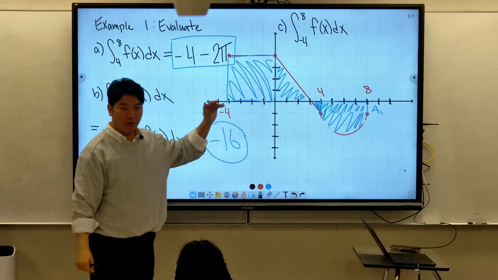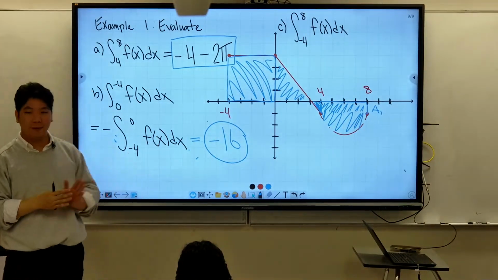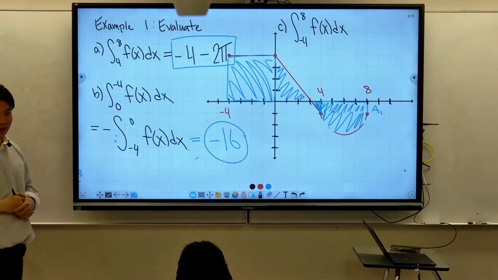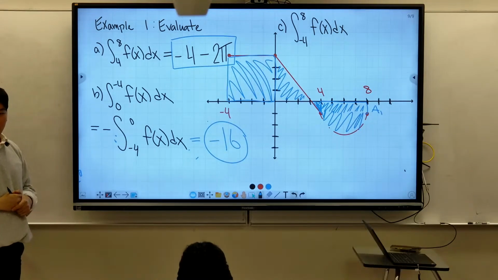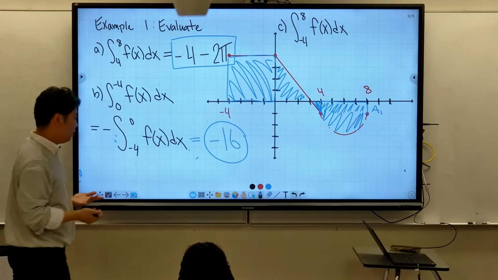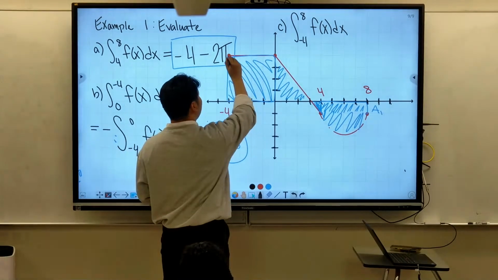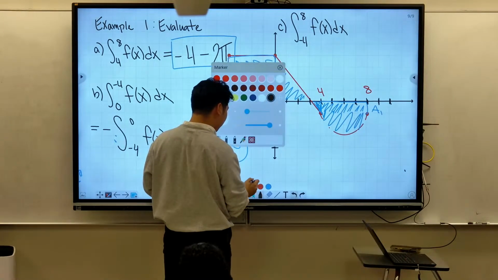So this entire blue region, because it's from -4 to +8. That means I have to get the area of all of these shapes. We've already done a good bit of the work, because we know this right here.